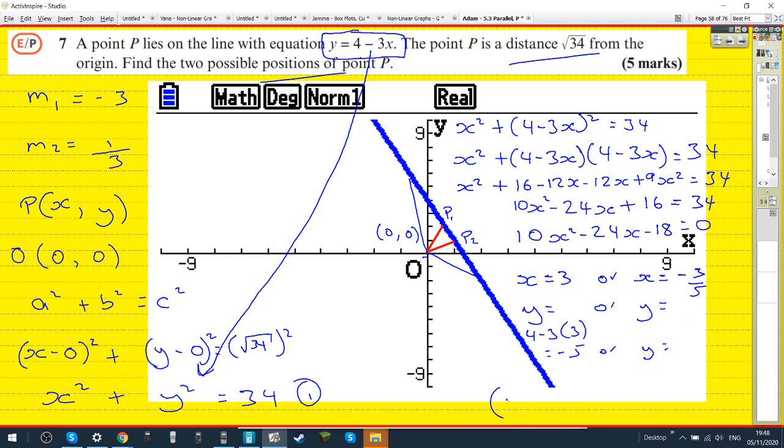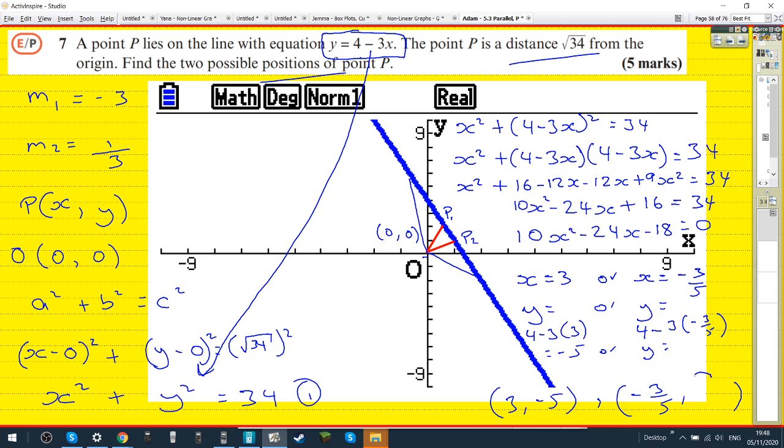Well done. The second one would be 4 minus 3 brackets minus 3 over 5. Let's put that into the calculator, which is 9 over 5.